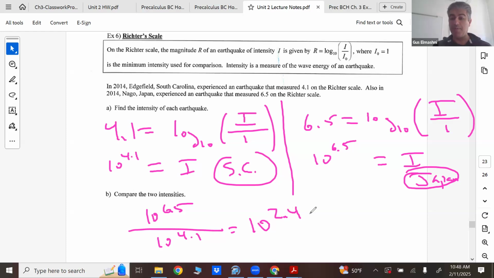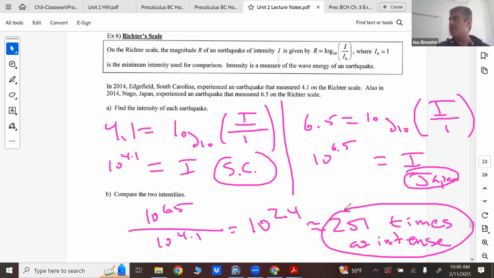It's actually 251. So you can see it's a pretty big deal, even though it's like, oh, we only went up 2.4, it's not a big deal. That actually is a big deal. That's really scary to go from 4.1 to 6.5. Definitely going to see some damage. So hopefully we don't have that here for a while.